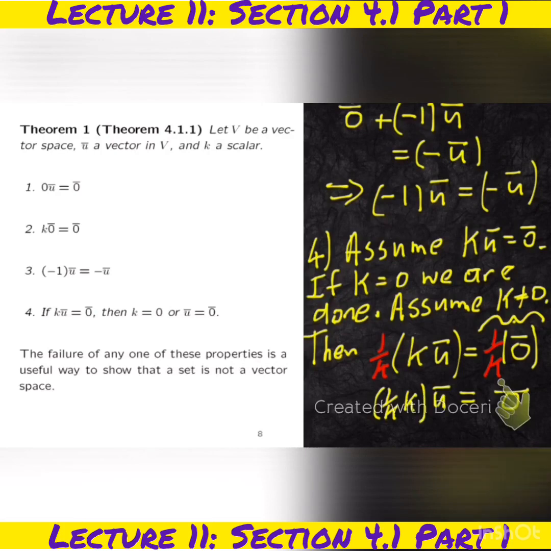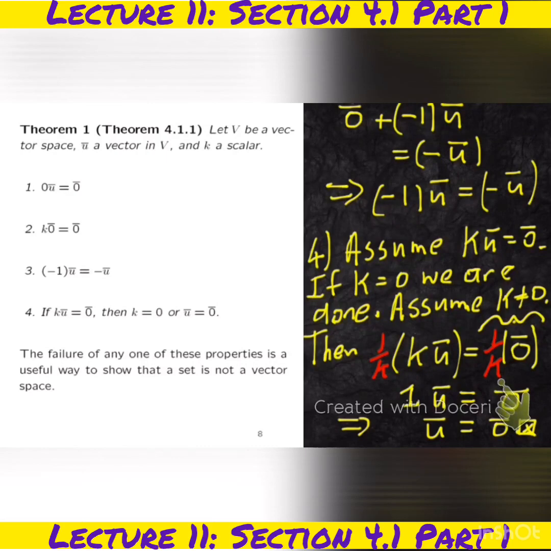Okay, and then we know that k times 1 over k is 1. And we know by axiom 10 that 1u is u, and so u is the 0 vector.